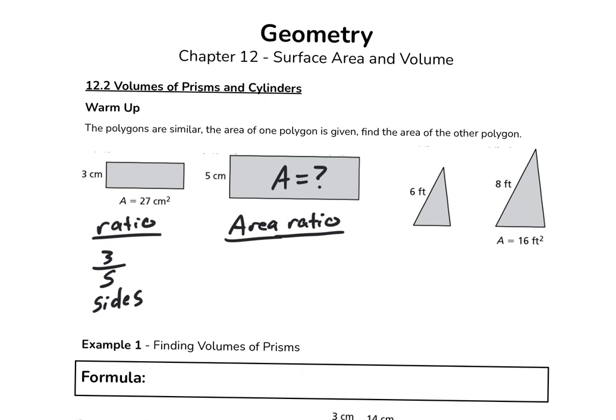Whenever I think about area, what do I put on every label of area? Squared units, right? So to get to the area ratio, we're going to take the sides ratio and square it. You have to square both numbers. So the area ratio is 9 over 25.